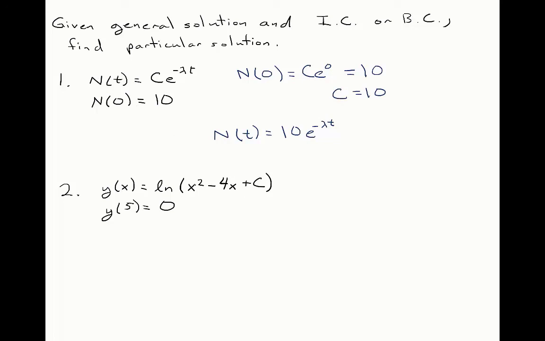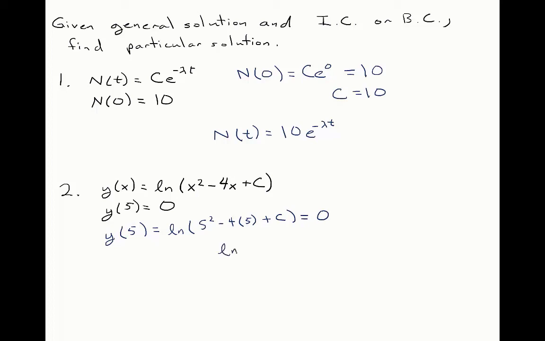This next one I would call boundary condition because it's a function of x. Okay, so we need to plug in for x equals 5. So we have 5 squared minus 4 times 5 plus c, and that equals 0.